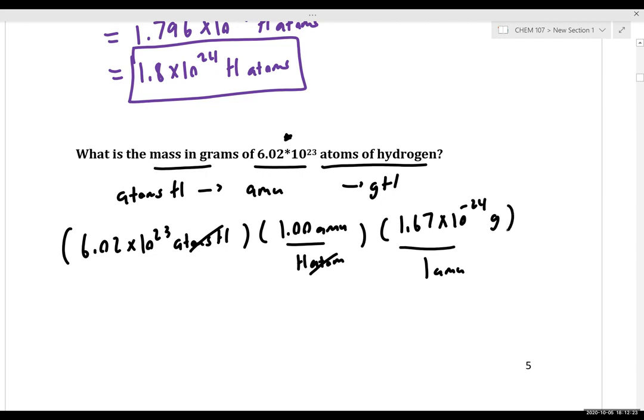Punching this into our calculator, we get 1.00 grams of hydrogen. Does this make sense?